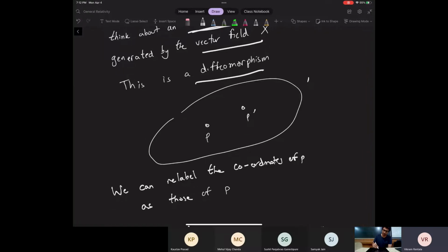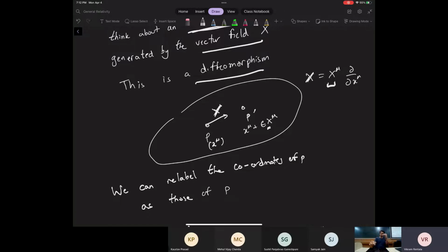So we'll say P has coordinates x^μ, and this is a vector capital X, and in components, capital X is X^μ partial_μ. Then the point P prime has coordinates x^μ plus epsilon times capital X^μ, where capital X^μ are the coefficients of this vector X.